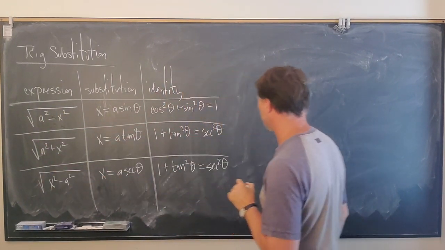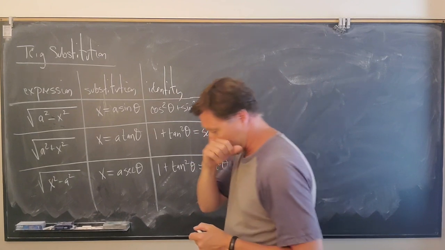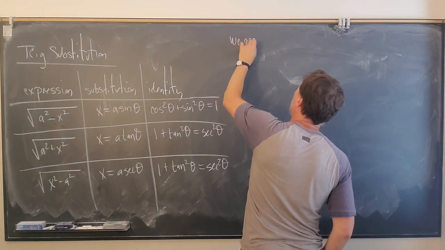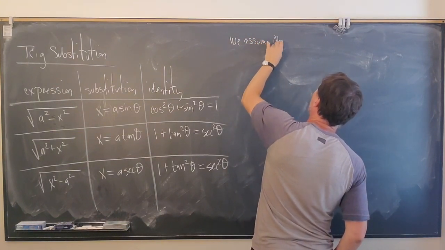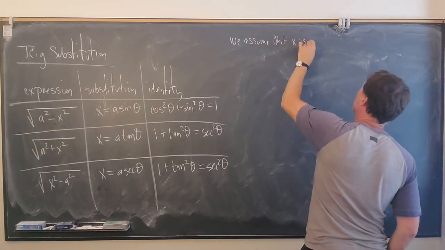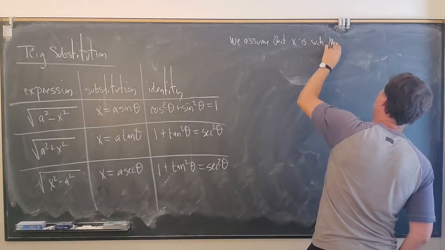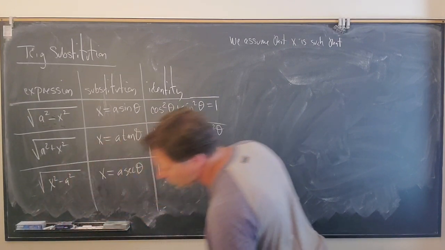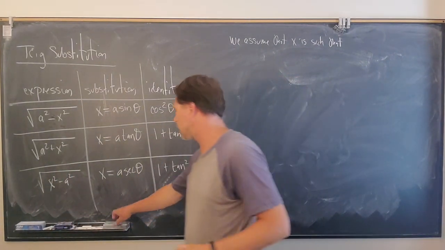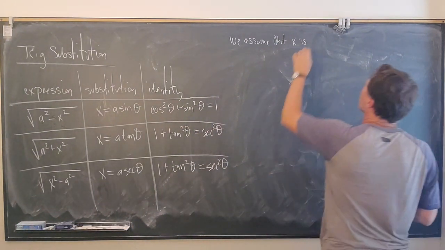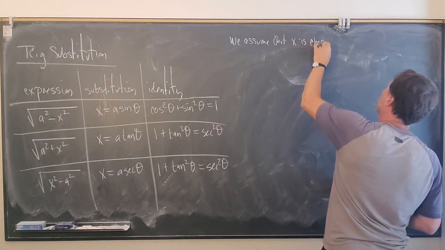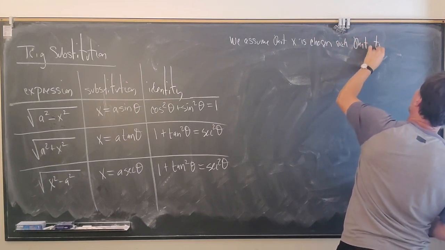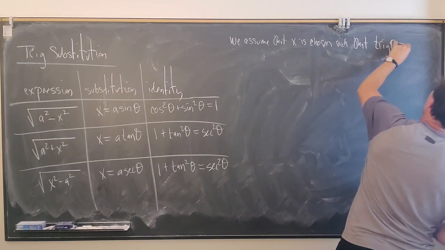Throughout all of this, we assume that x is chosen such that whatever trig function we're working with, trig theta, is greater than or equal to 0.